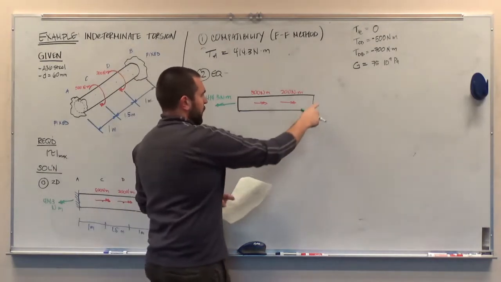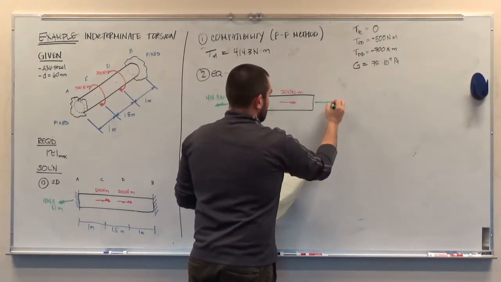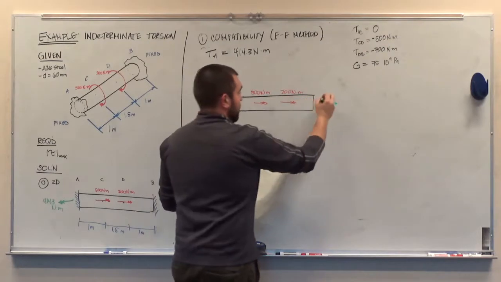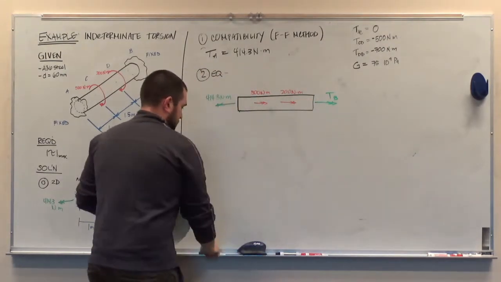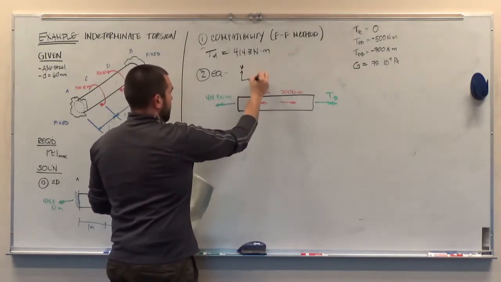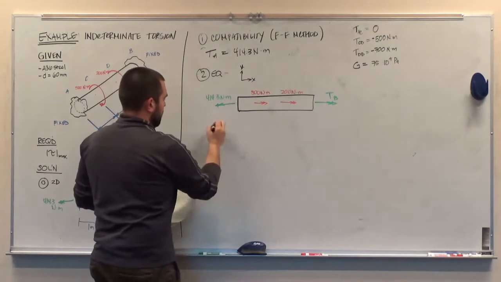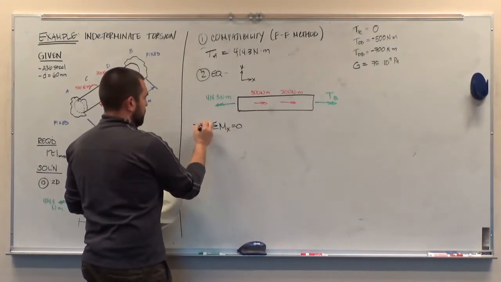And all that we're trying to figure out is the support reaction here. I can draw this away, and this would be the torque at B. If I have a coordinate system, that'll allow me to sum up these moments about x equal to 0.